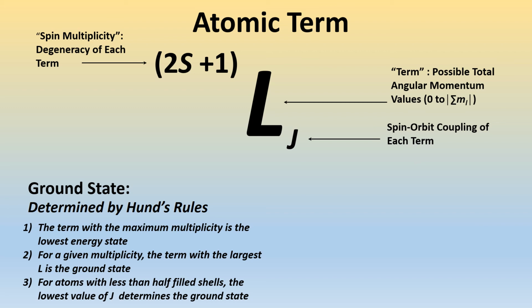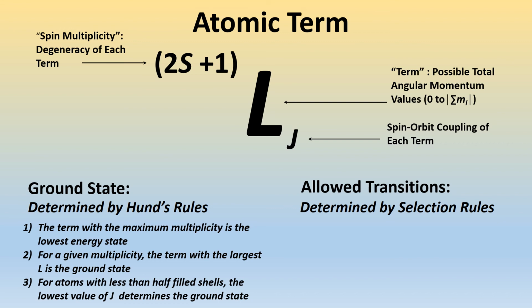These rules lead to an allowed transition. Bearing in mind once again that the absorption of a photon of light means imparting an angular momentum change of 0 plus or minus 1. These are called selection rules. Therefore, again, based on the selection rules and based on the spin of a photon, the total term, the angular momentum, can only change by 0 plus or minus 1.